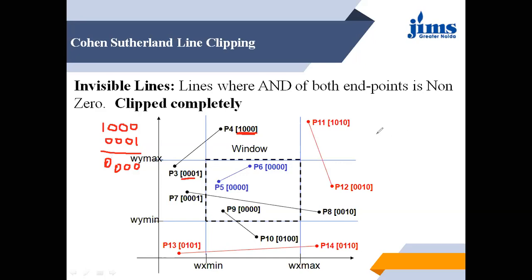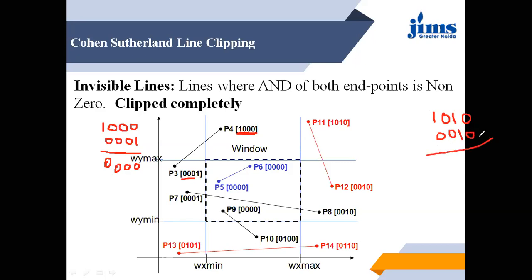We can see from line P11 and P12, the region code of P11 and P12 is 1010, and the region code of this line's other end is 0010, and we are performing the AND operation between these two endpoints.